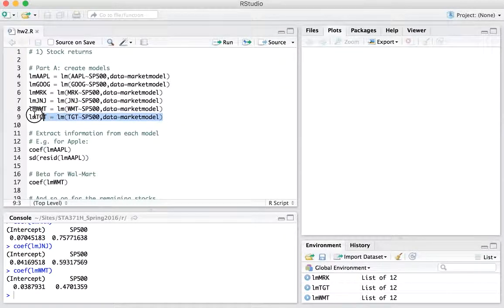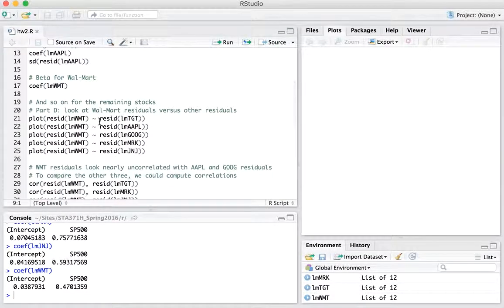And similarly, the residuals from this model represent the returns for the Target stock once we've adjusted for Target's dependence on the broader market. And so it's the residuals from these regression models that are at issue here, and there was a bit of a translation that you had to make from an English statement to a statement about a statistical model, but that's the correct translation of that statement.